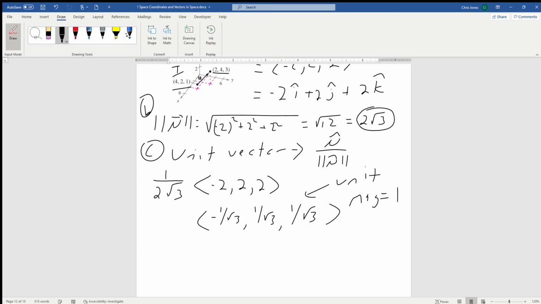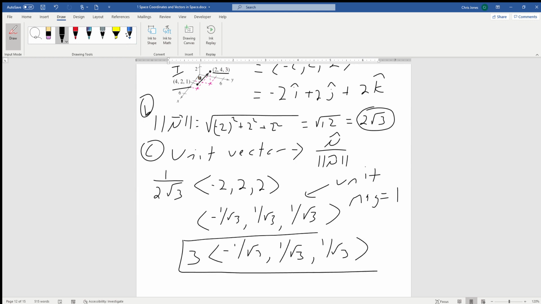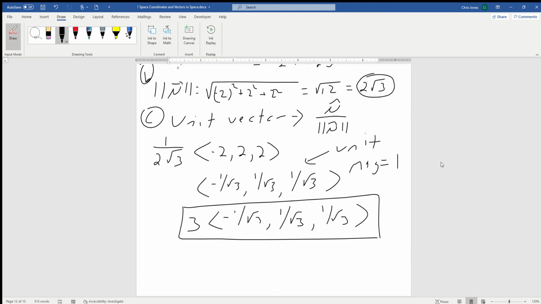But we want one that has a magnitude of 3. So all we're going to do is multiply this by 3, and we can just keep the 3 on the outside. We don't have to distribute it through. So this is a vector in the same direction as u that has a magnitude of 3. It's just as easy to get a vector in the opposite direction.